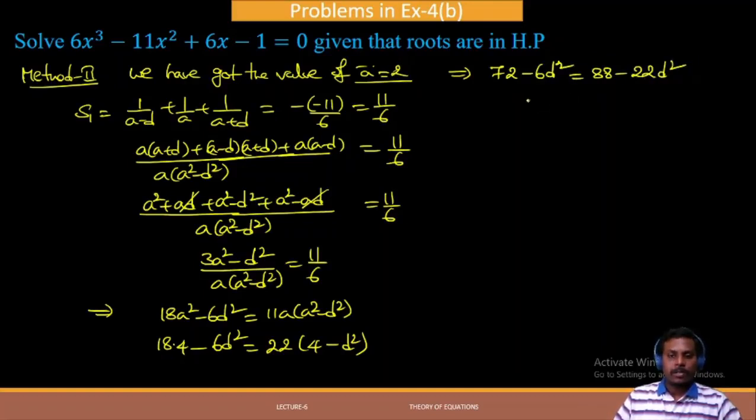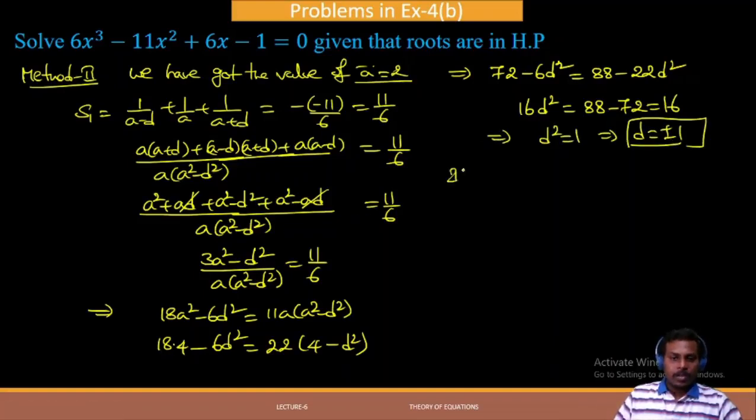Okay, so if I bring it here, 16d square is equal to 88 minus 72, that is 16, implies d square value is equal to 1, implies d is equal to plus or minus 1.